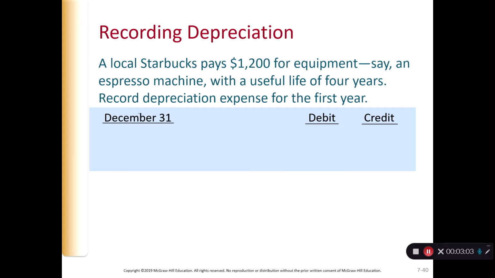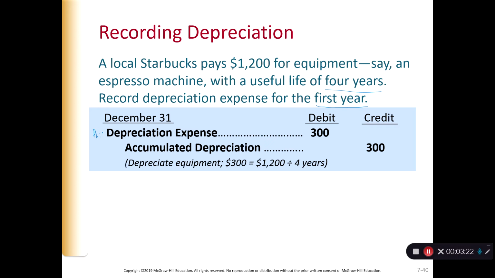For example, the local Starbucks pays $1,200 for a piece of equipment, say an espresso machine, with a useful life of 4 years. We need to record the depreciation for the first year. How do we do that? We usually debit depreciation expense and credit accumulated depreciation. How do we calculate that $300?